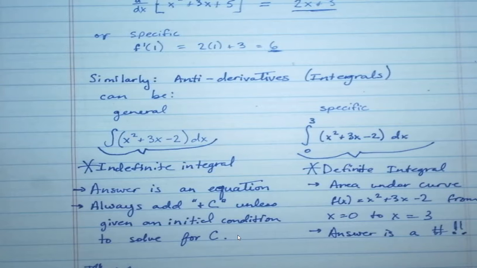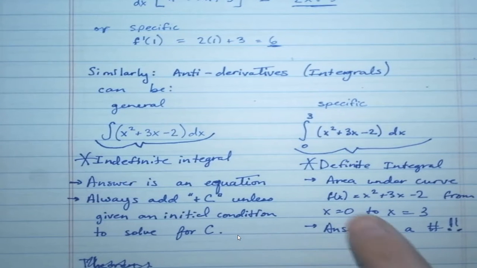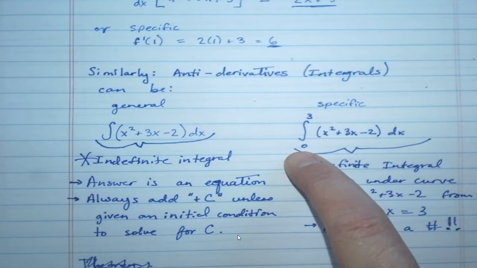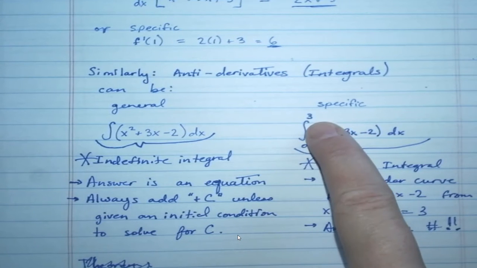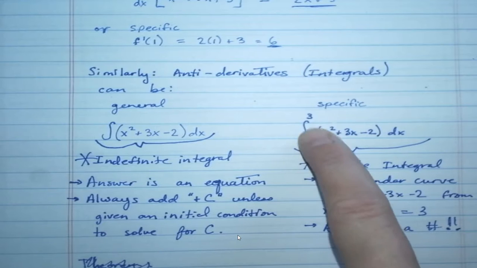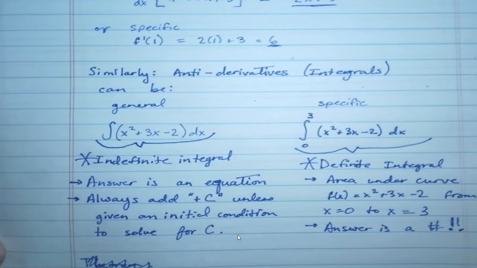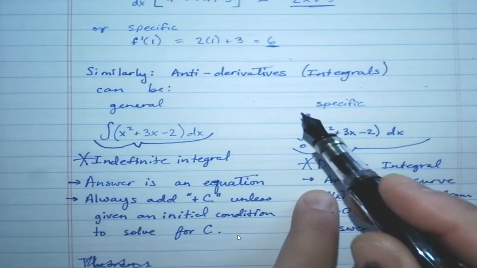Now, specific would be here, called the definite integral. The definite integral gives you a starting point and an ending point. So my starting point would be 0, my ending point would be 3. What the definite integral tells me is the area under the curve from that point to that point.